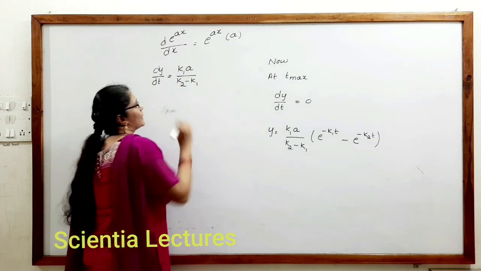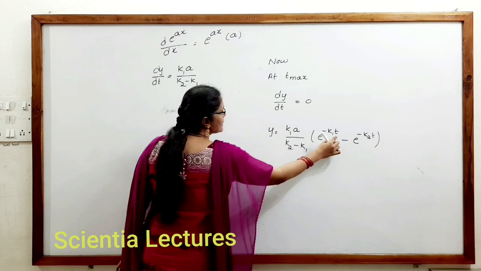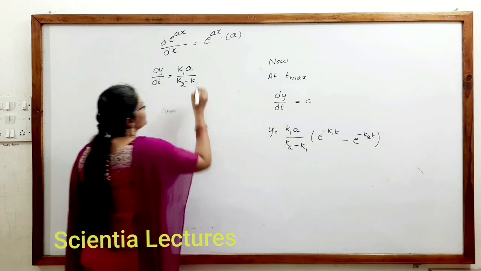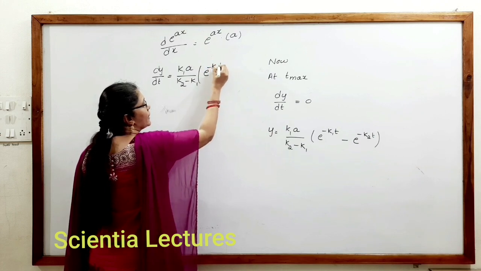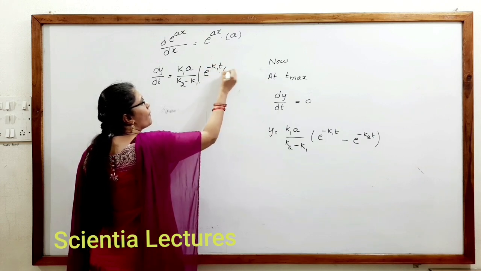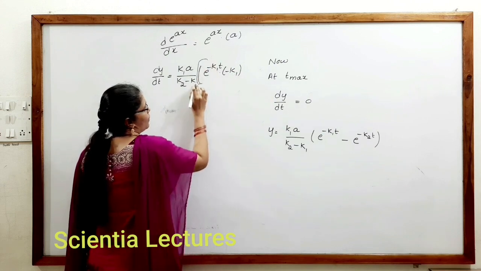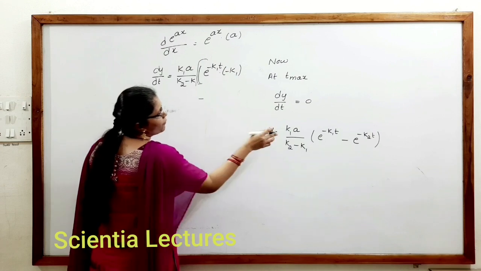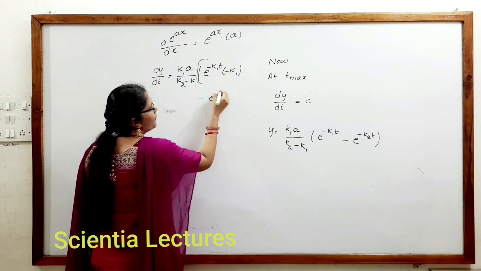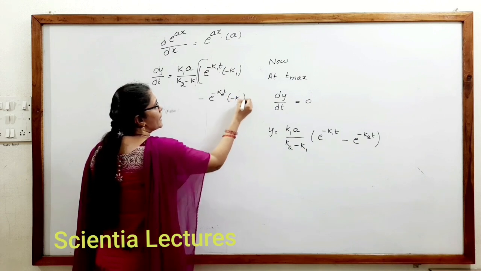Similarly here, differentiation of e power minus k1t with respect to t is e power minus k1t into minus k1, minus of e power minus k2t into minus k2.